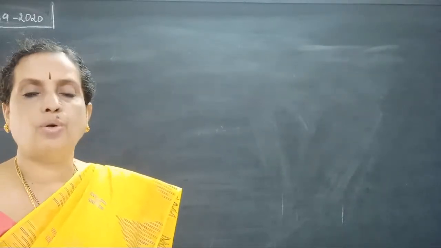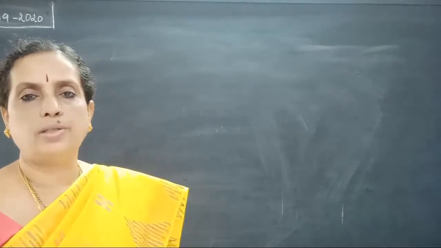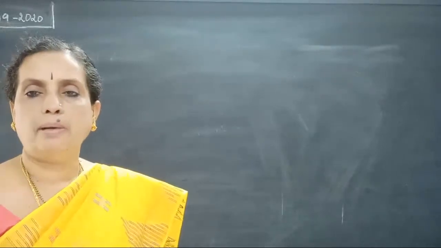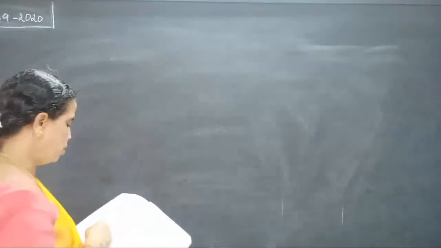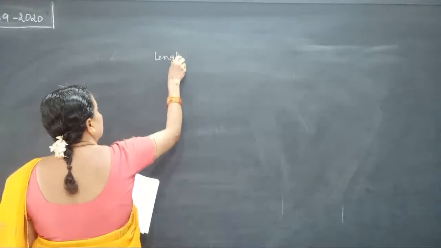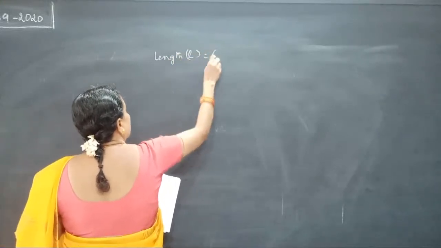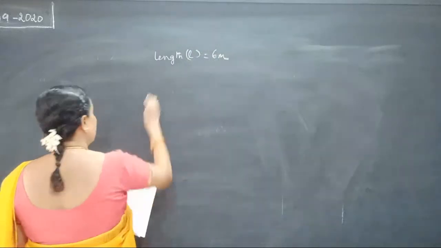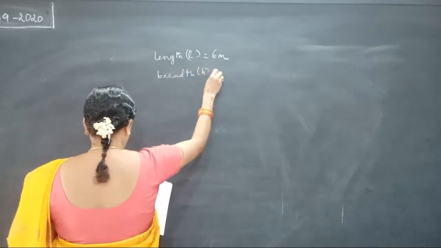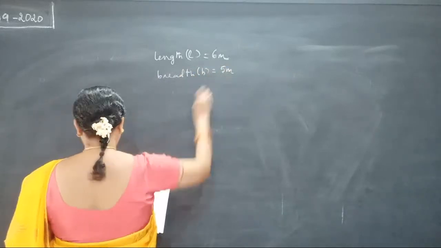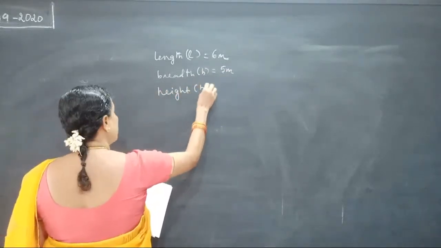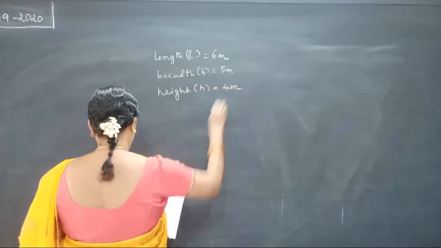That means here there is no ceiling or floor, just find the area of 4 walls, that is 2 into (L plus B) into H. The dimensions of the walls: length L equals 6 meter, breadth B equals 5 meter, height H equals 4 meter.